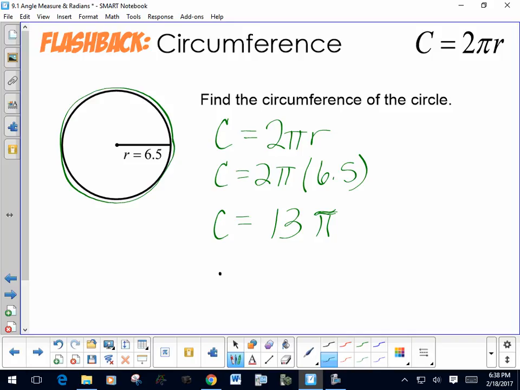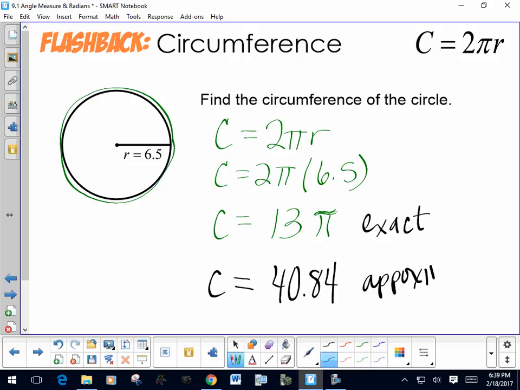If we wanted to know in decimal terms how long that circumference is, we could definitely get a decimal approximation simply by calculating it in our calculator, and the decimal approximation for this would be 40.84. So the 13 pi would be an exact answer, and this would be an approximation that's been rounded.